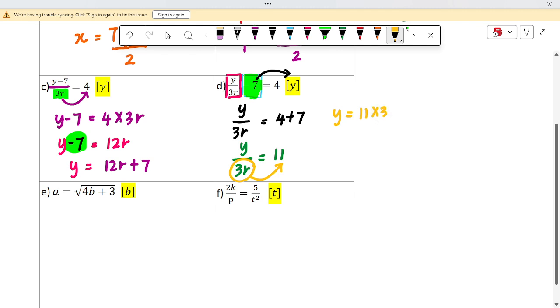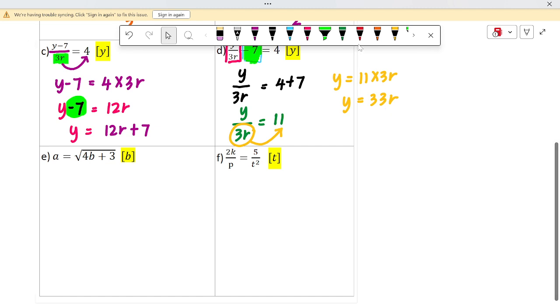So 11 times 3r, which is 33. Okay, I hope you all are clear with the fractions for question C and D. For question C, your first step is to remove the denominator. For question D, we will not remove the denominator. You need to remove the negative 7 first, only then will we remove your denominator. Okay, let's see the next one now.